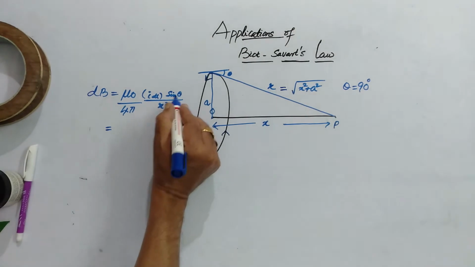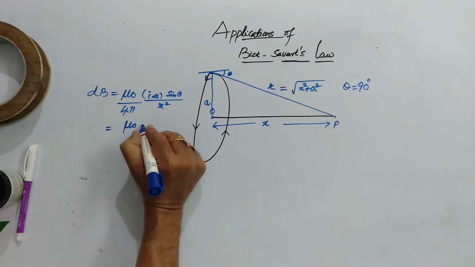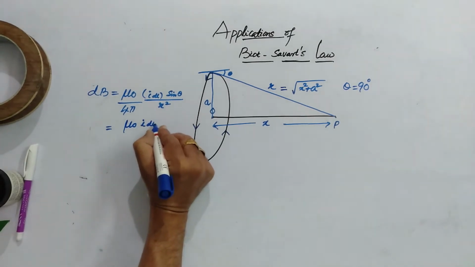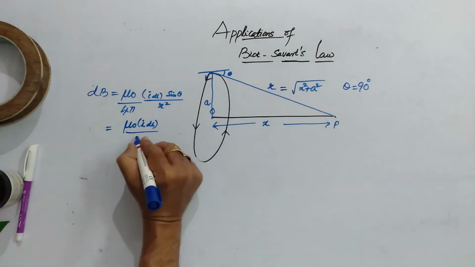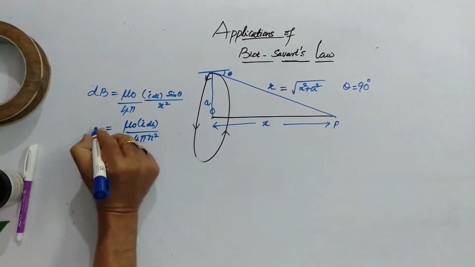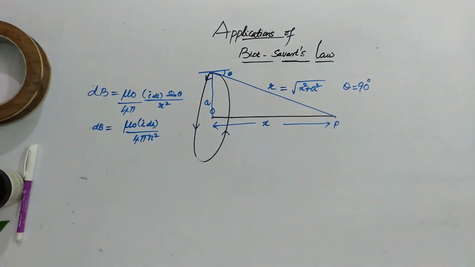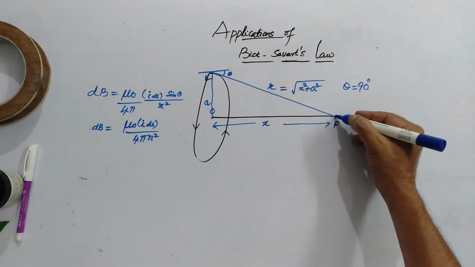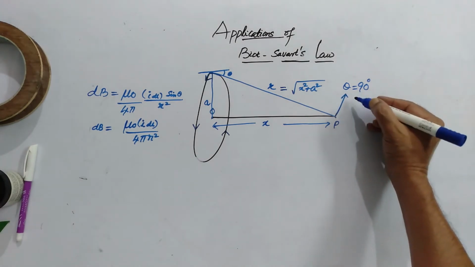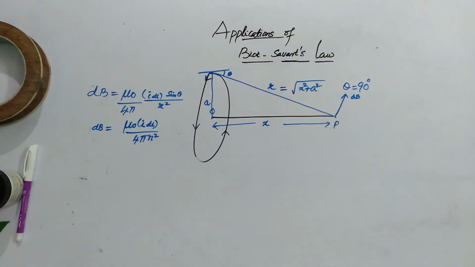So here I can take theta to be 90. Therefore mu naught I dl by 4 pi R squared is dB. Now you must know what is the direction of this dB.